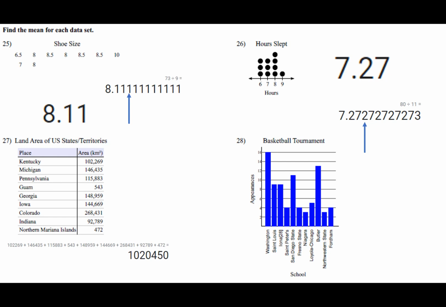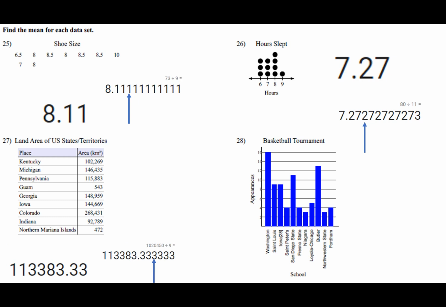I see that I added 9 numbers. So let me divide this by 9. Again, a long decimal. I see my third decimal place. It is small. So my answer will be 113,383.33. Remember, you should only have 2 decimal places.